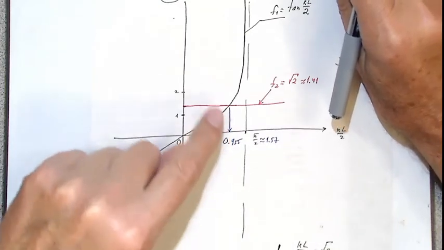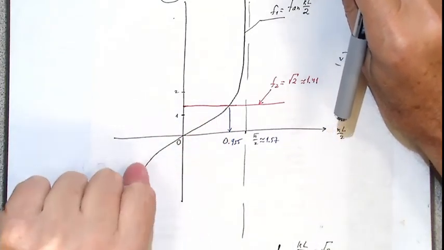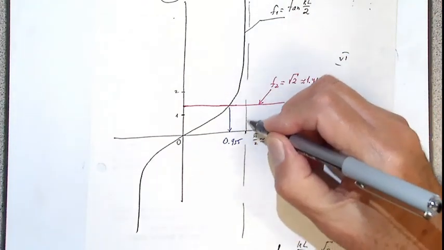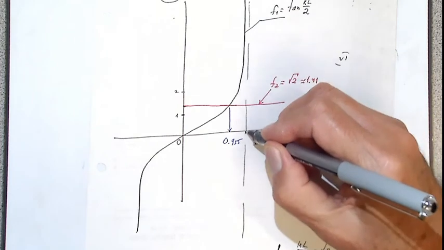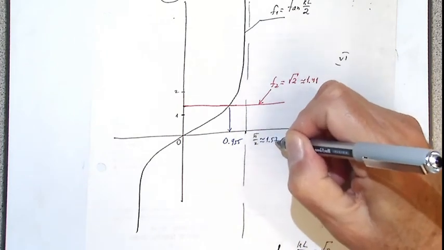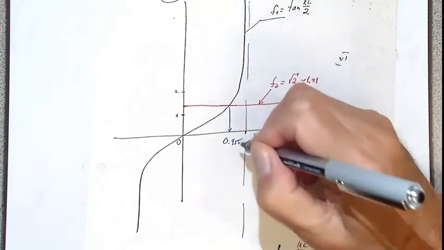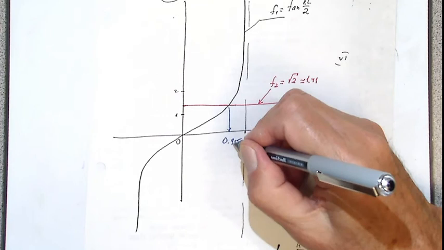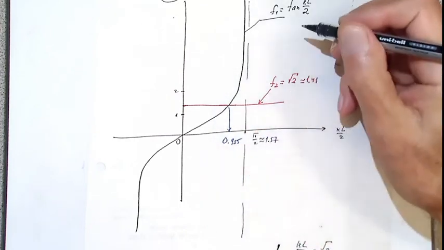This value of intersection, anyways, from this figure, I see that this value is less than pi over 2, which is 1.57. Okay, you can find it on computer, this will be 0.955.